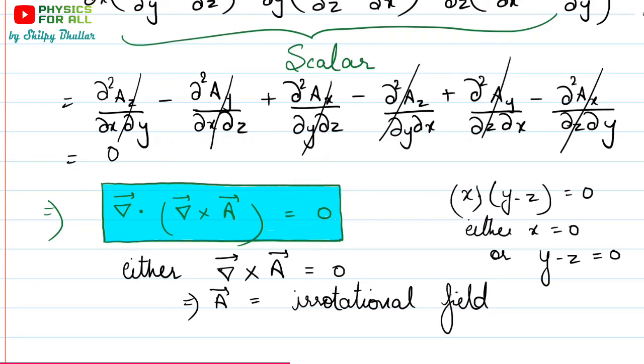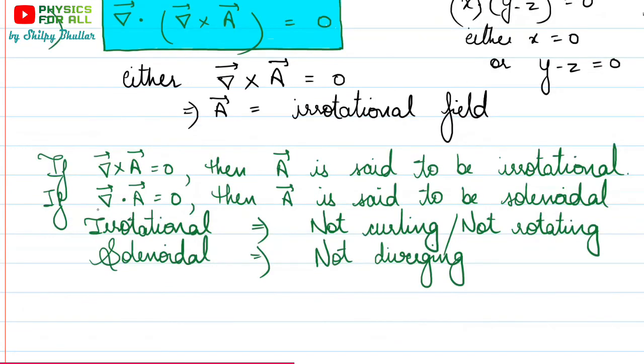Whenever curl of any vector quantity is 0, then that vector quantity is said to be irrotational. Now there are two rules which state that if del cross A is 0, then that vector field A is said to be irrotational.